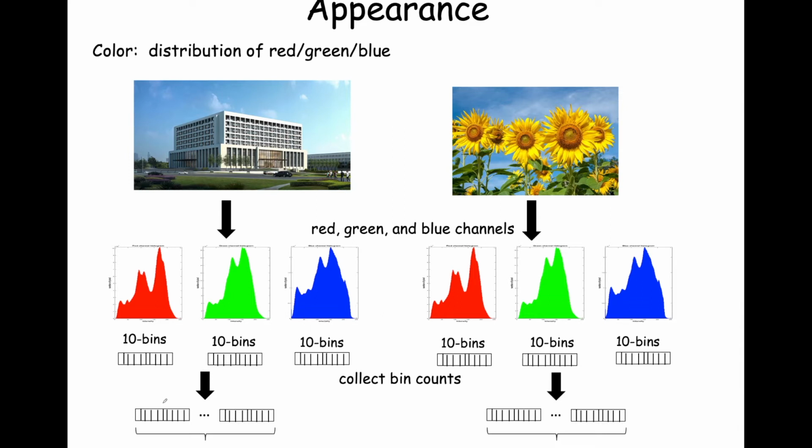And so this 30 vector from the building would represent the color content of the entire image of the building. And likewise, the 30 vector for the sunflower field is going to represent the color content for that sunflower field. Now, because the colors are different in these images, these 30 vectors are also going to be different.